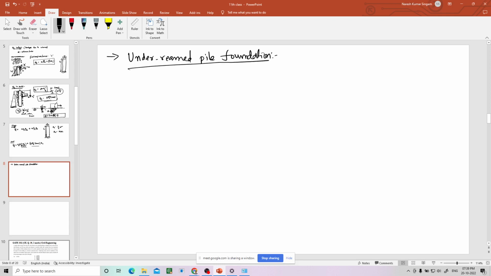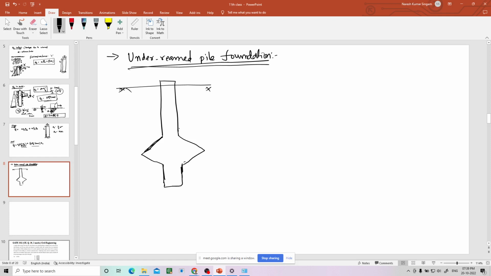I'll just show you. A pile has a bulb at some portion. These are specially used when there is a tensile load. This underreamed portion will develop extra resistance.